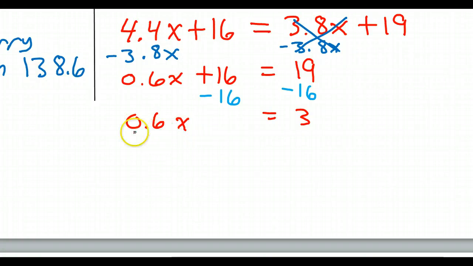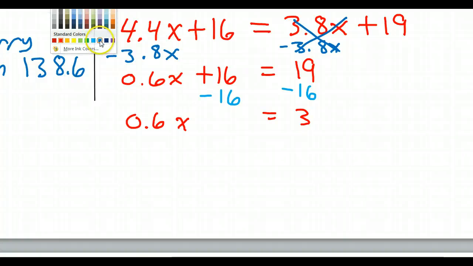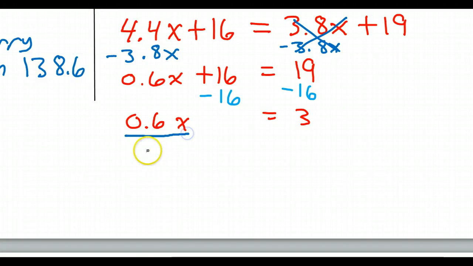Alright, I need to get x by itself. How do I get rid of this 0.6? Hopefully you've learned that to get x by itself, I'm going to divide by 0.6 on both sides. That way the 0.6's cancel each other out.